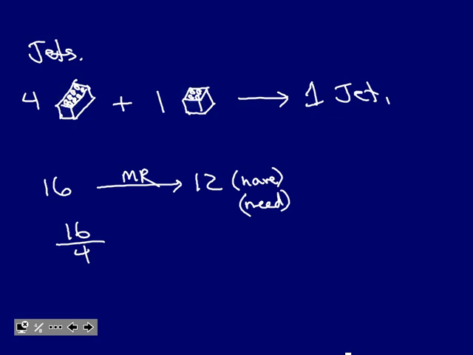that's going to tell me really how many I could make with the jet bricks. I'm going to put an X here divided by 1, because I'm doing the same mole ratio like I've been doing. And therefore, X is going to be 16 divided by 4. And that tells me I need 4 2x2s, which means I need 4.